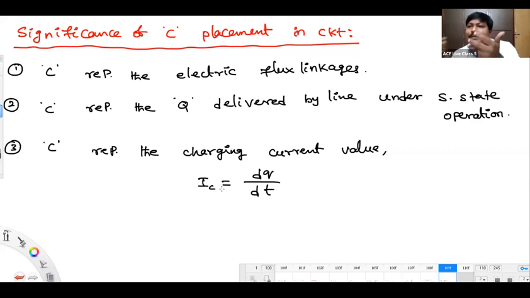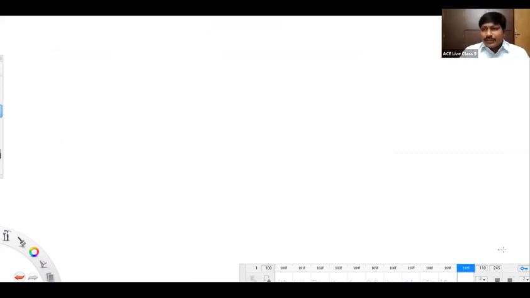What are the different types of charge distributions we have? You might have studied this in electromagnetic theory, very simple to recall.